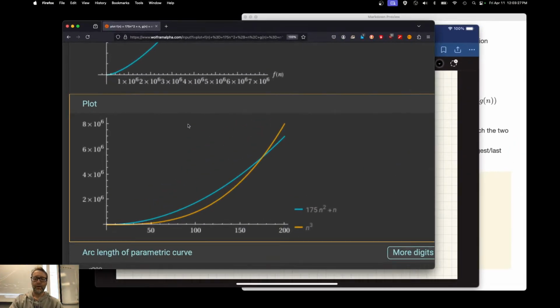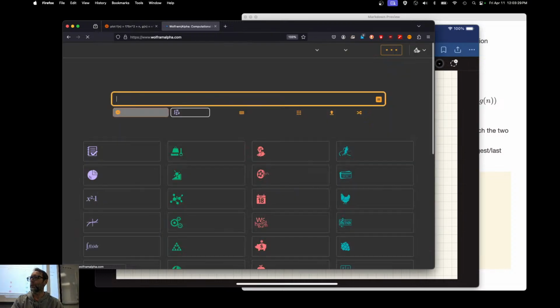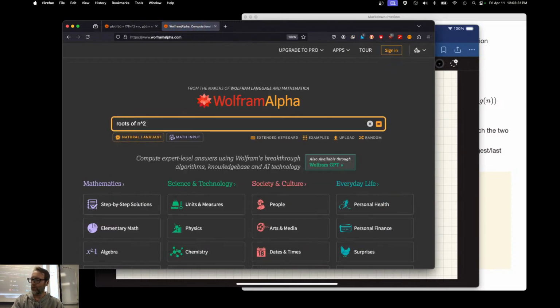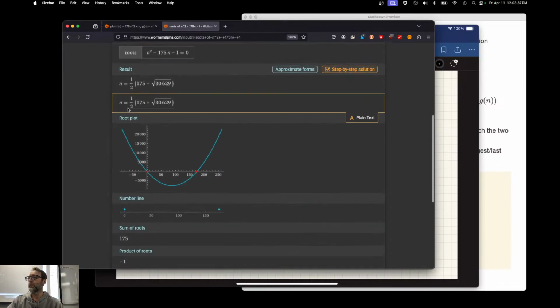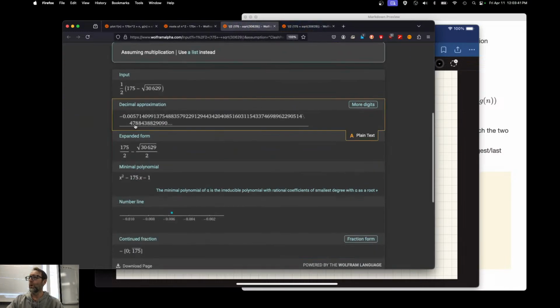Wolfram Alpha: roots of n squared minus 175n minus 1. There we go. There's one root and there's the other root. One root is equal to this negative value here. Is that going to be the root that I care about?